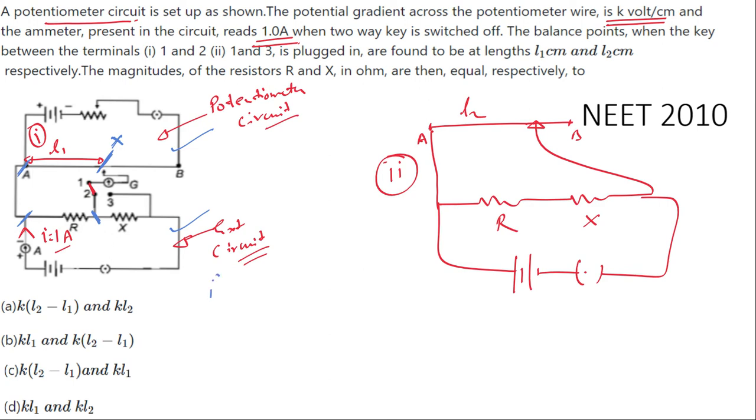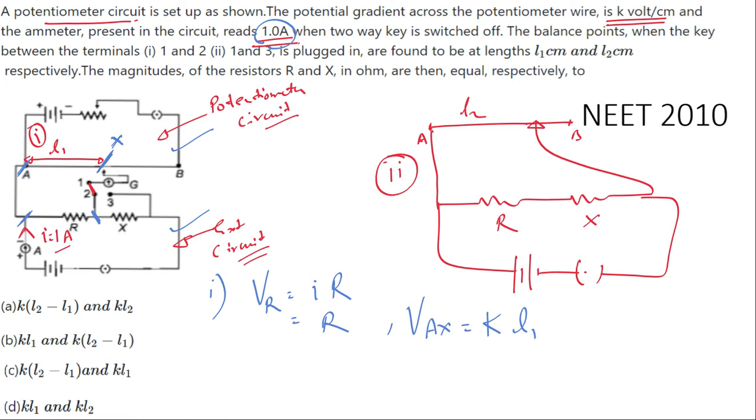So for the first scenario, we can say the potential difference across R is simply I into R. We already know the value of I is 1 ampere given in the question. So this value comes out to be R. From the concept of potentiometer, we can write VAX to be equal to K times L1 by using the concept of potential gradient.